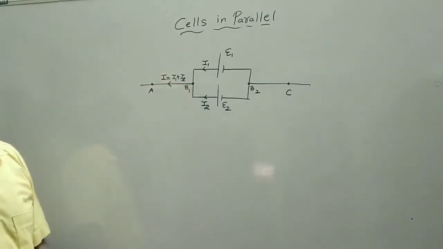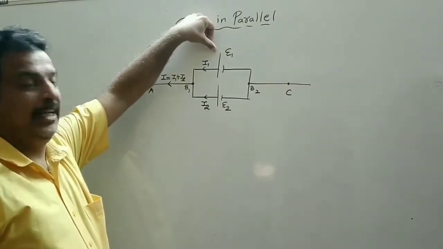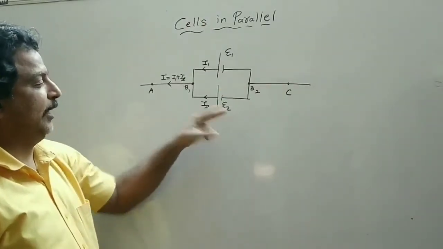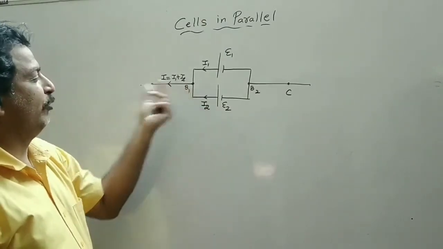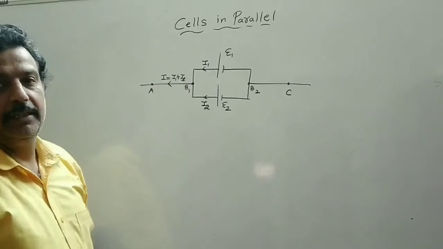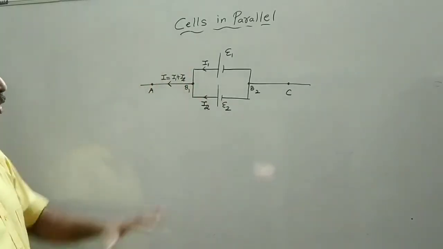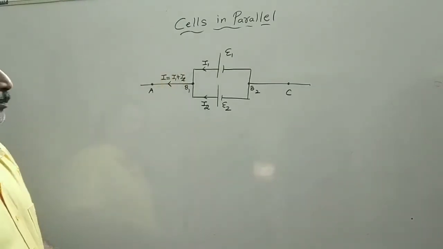So we assume that the current flowing out from this cell is say 1 ampere and from this cell it is 2 ampere. So the current flowing from point B1 to point A should be the resultant. Charge can neither be created nor destroyed. So I will be equal to I1 plus I2.